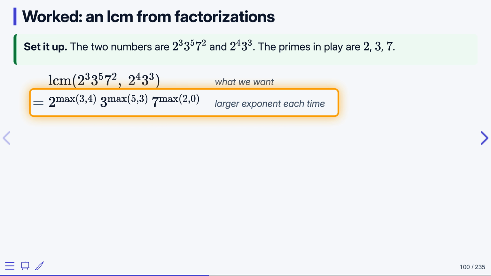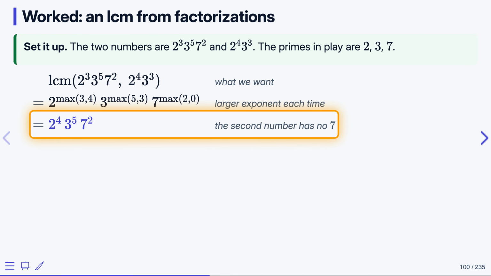For 2, the exponents are 3 and 4. For 3, they are 5 and 3. For 7, they are 2 and 0, since the second number has no 7 at all. Step 2. Take the larger each time. 2 to the 4th, 3 to the 5th, 7 squared. That is the least common multiple.